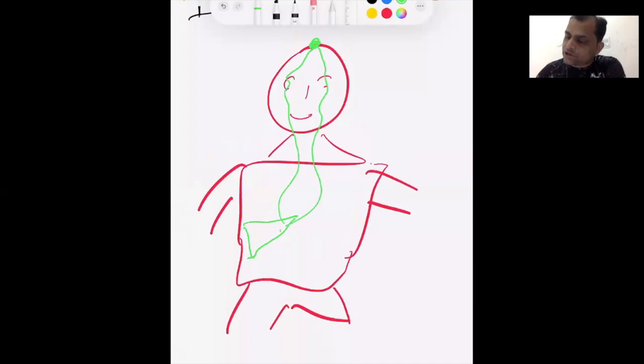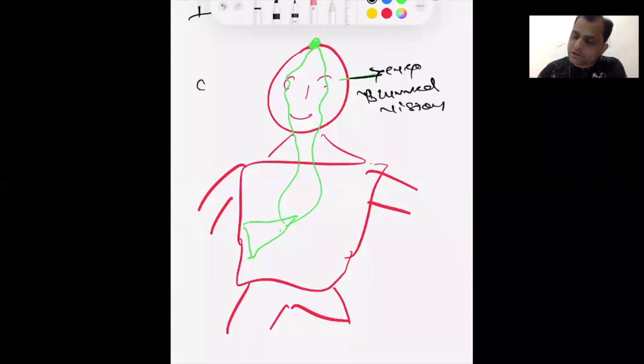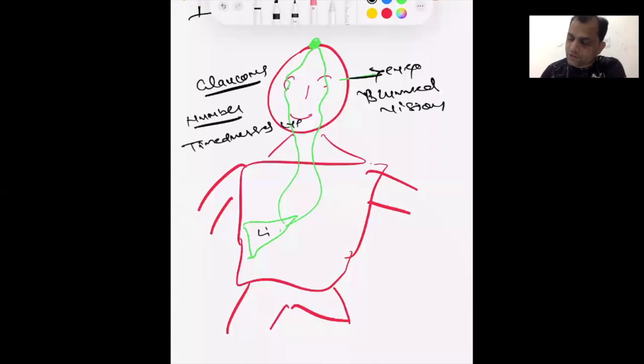So if you want to treat vision problems, eye problems, blurred vision, glaucoma or high pressure in the eyes, numbness of the eyes, like being unable to see near or far objects, or tiredness of the eyes, we are working on the liver only, because the internal branch of the liver passes through the eyes, supplying the eyes.